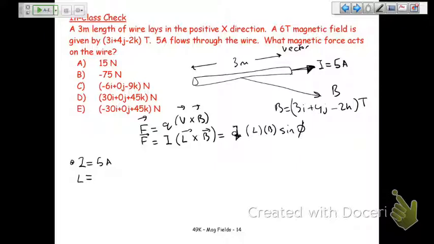So that then would be my good old friend plus 3i plus 0j plus 0k meters, and my B would equal 3i plus 4j minus 2k Tesla.